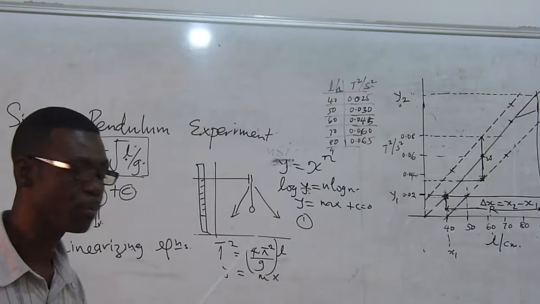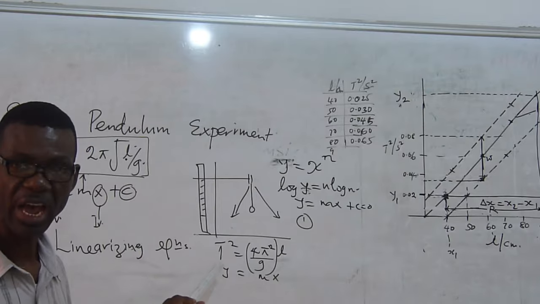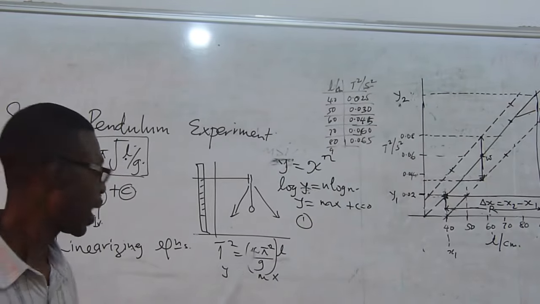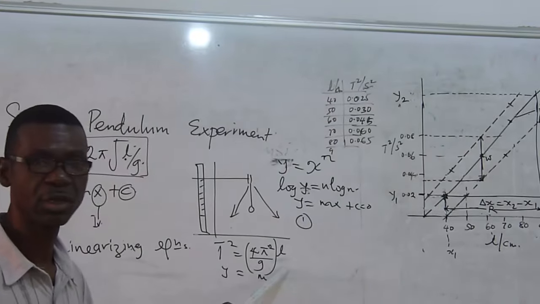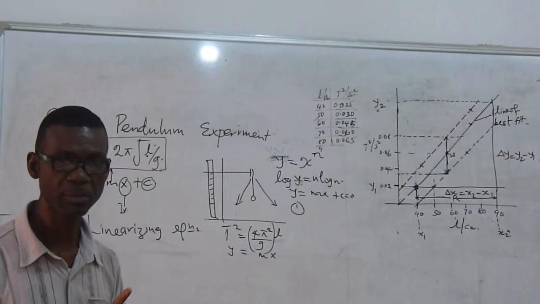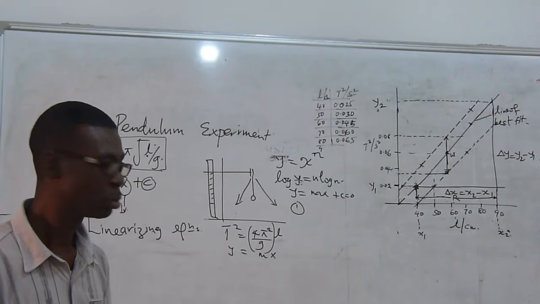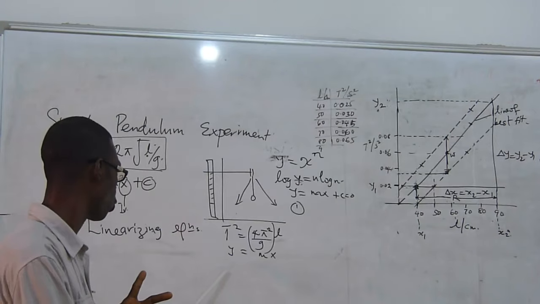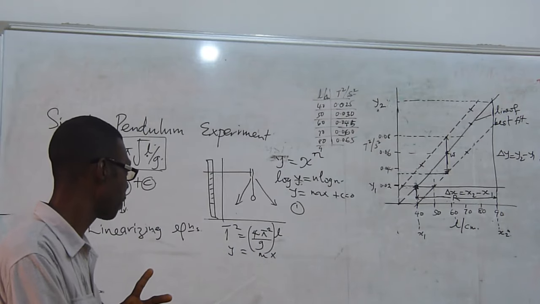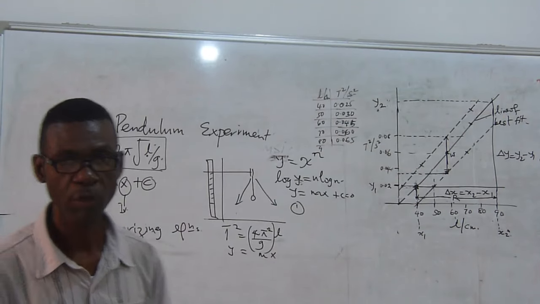Now, in the simple pendulum experiment, I'm expected to measure the time or period of oscillation and then plot it against the length of the pendulum, meaning that there are two variables. The dependent variable, which is y, or let us say T, is the period, and the independent variable, which is L, is the length of the pendulum.